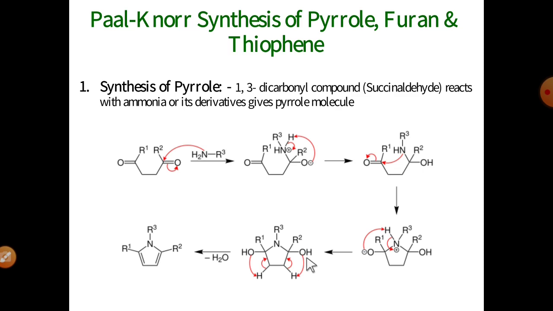Finally, condensation: the sigma electron pair participates in delocalization, meaning pi bond formation, then elimination of OH in the form of OH minus. This OH minus and H plus is the removal of a water molecule. Similarly there is removal of a second water molecule, and it gives finally this pyrrole derivative. This is the very simple and famous method for the synthesis of pyrrole, the Paal-Knorr synthesis method.